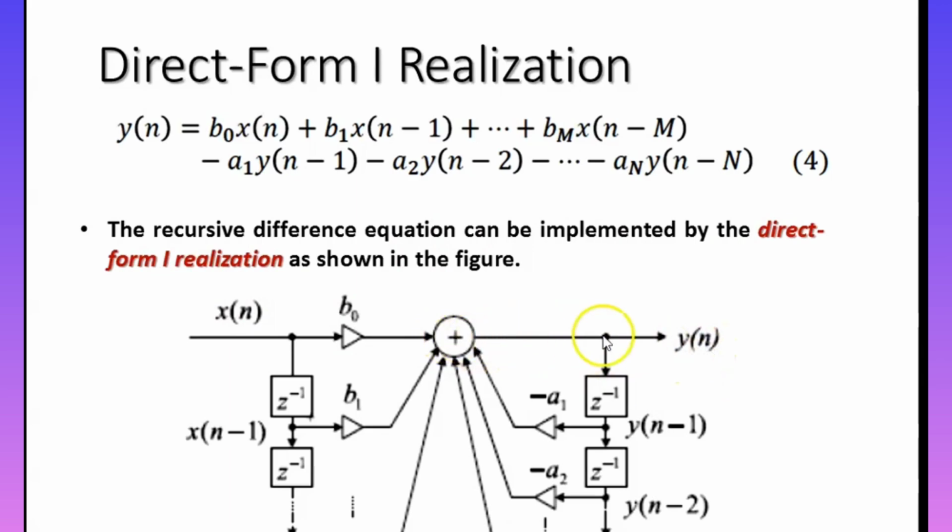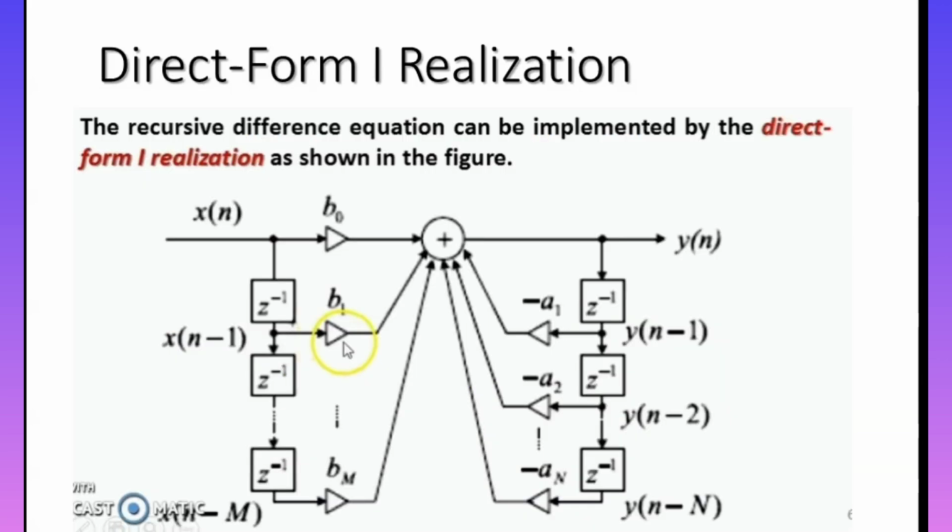In the zeros there is no sign change, so you will have b0, b1 up to bm. The b0 is multiplied with x(n), which is why I have that triangle-like symbol. This is called a signal flow graph.